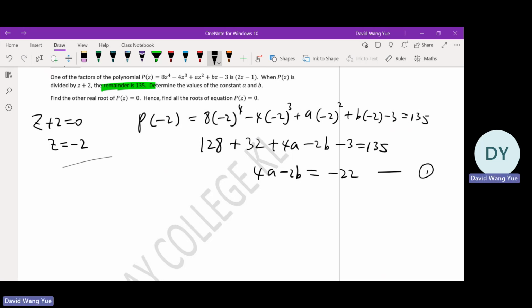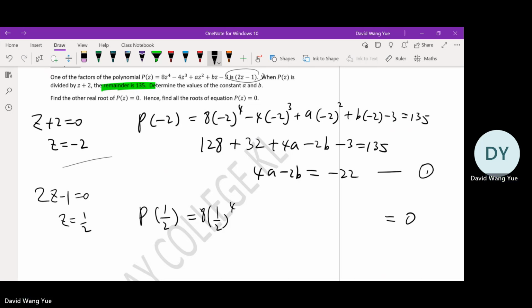Second equation, one of the factors is 2z minus 1. So if the factor is 2z minus 1, you sub z equals half, you should get 0. This is the factor theorem.